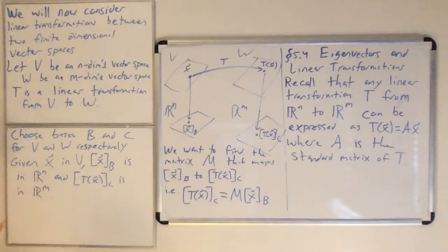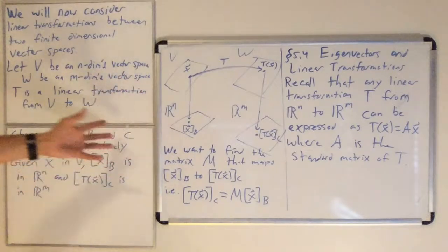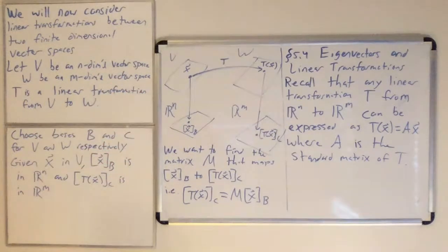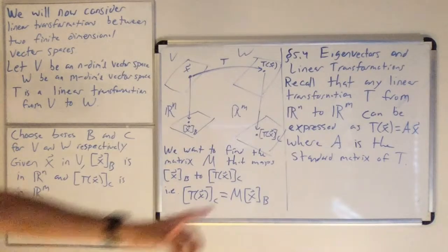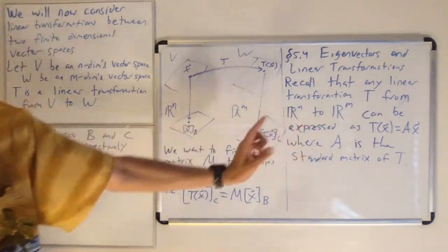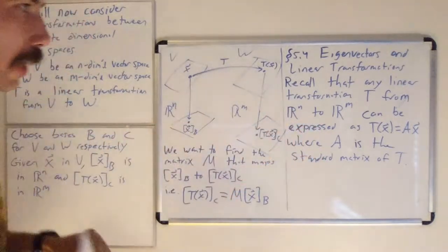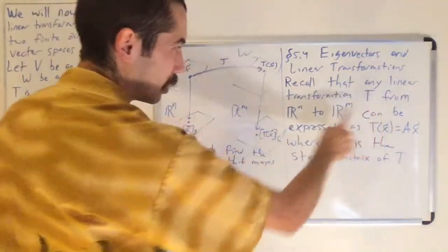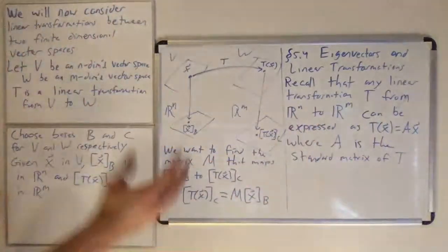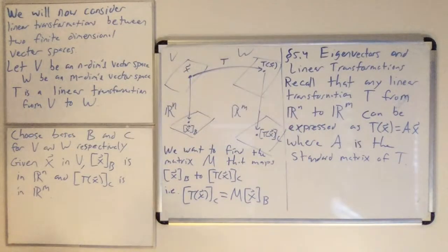Okay, so just to recap, and please ask any questions because I know this is very theoretical. What we're doing here seems very theoretical, but basically we're experts, at least I hope we're experts, at dealing with linear transformations from Rn to Rm. Right? We just found the standard matrix, and then it was business as usual. Once we found a standard matrix, it was really easy to work with.